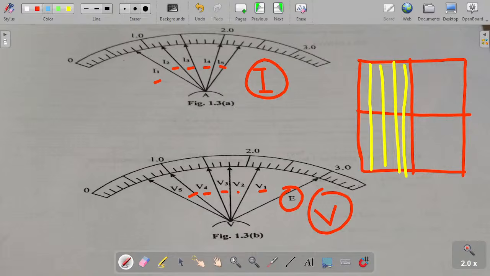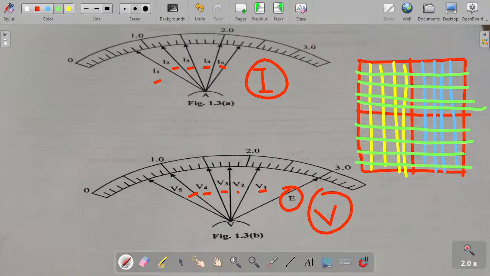So let's assume we have a situation like this. If here is 0, for instance, and here is 2, and here is 4. Are you getting it?